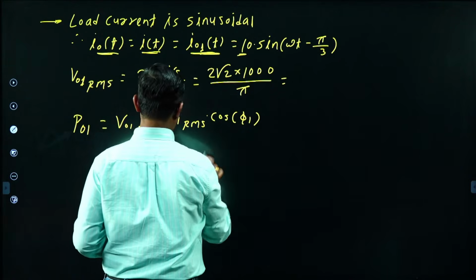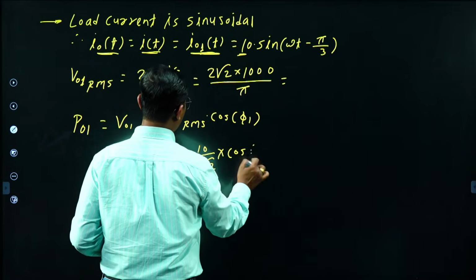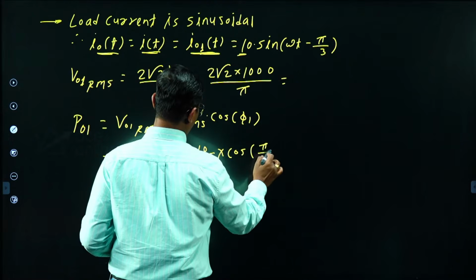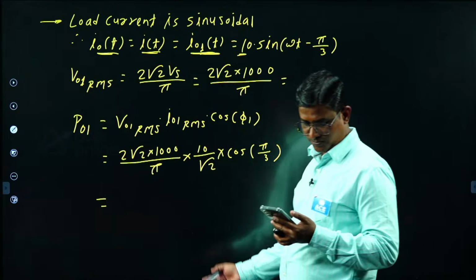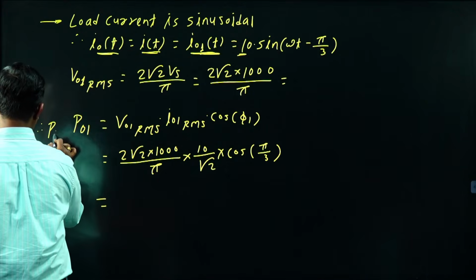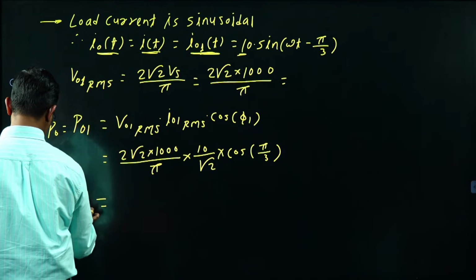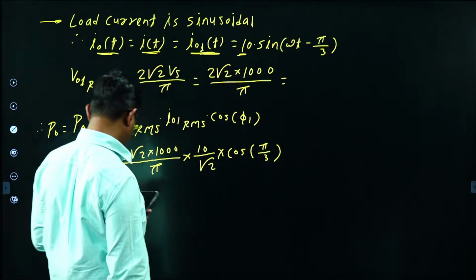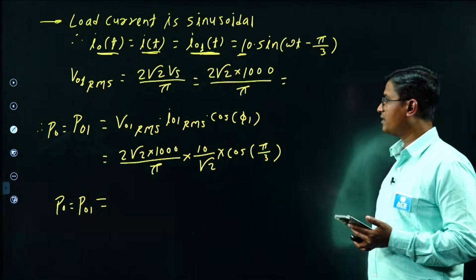I01 peak is 10, so it is 10 by root 2, into cos of angle, which will be pi by 3. This will give you the load power P0, which is equal to P01. All right. Okay. This will give the load power. Fine.